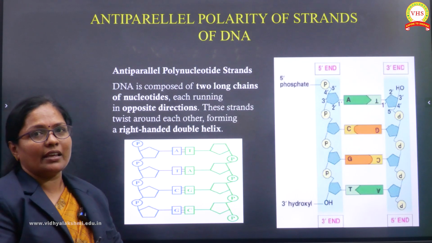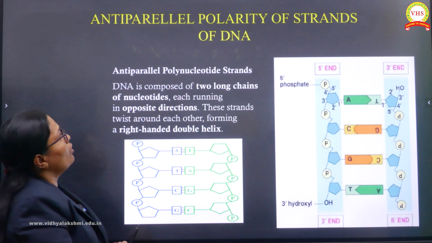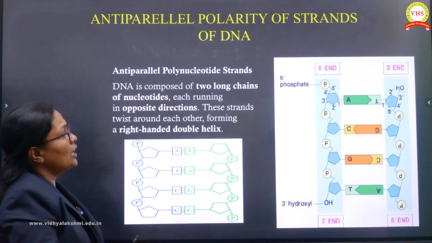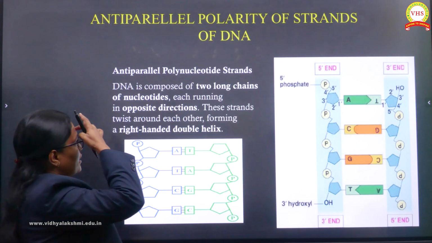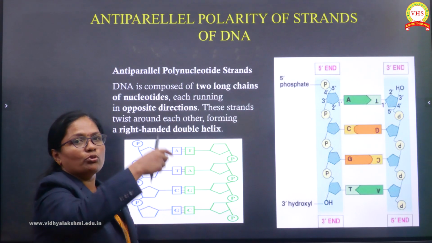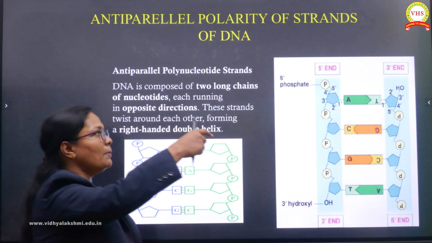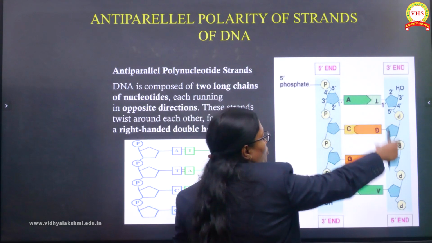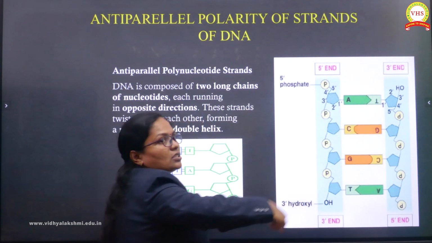Antiparallel polarity. The next important thing to learn about DNA structure is antiparallel polarity. DNA is composed of a sugar backbone chain consisting of two strands, the two poles in the ladder.